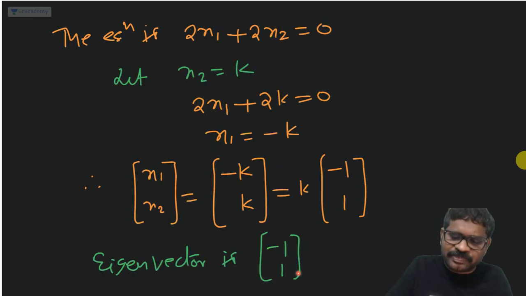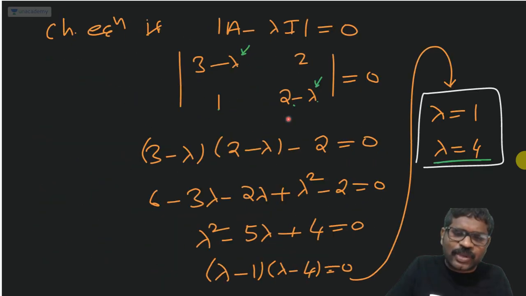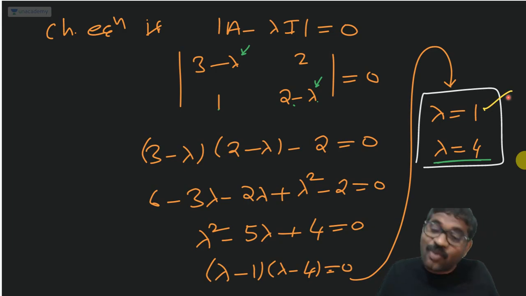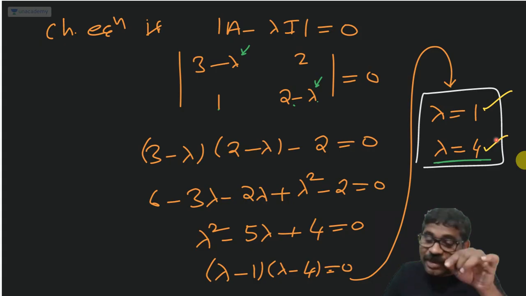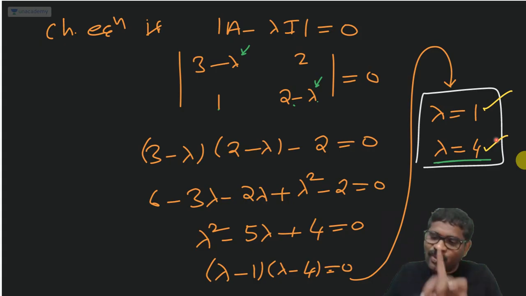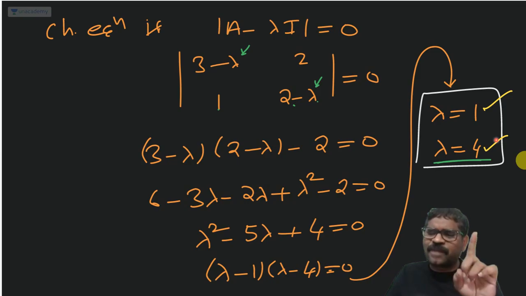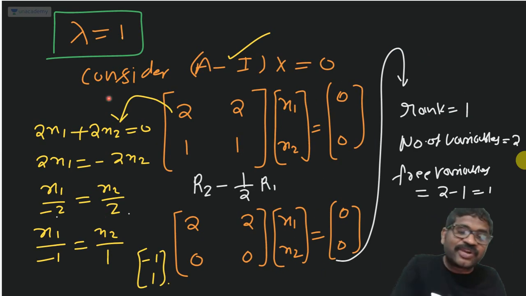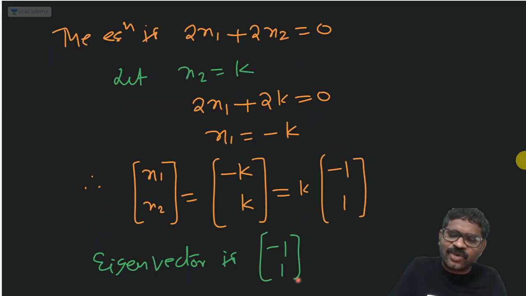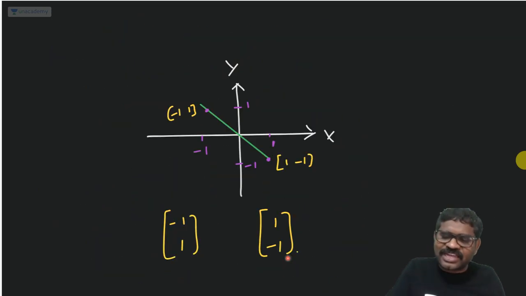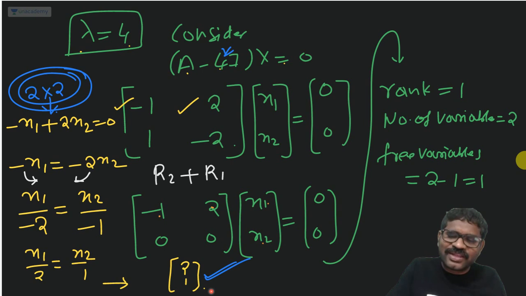In the case of distinct eigenvalues, observe here. In this problem, you have two eigenvalues, 1 and 4. What is the algebraic multiplicity of eigenvalue 1? 1. The algebraic multiplicity of eigenvalue 4? 1. Because both are different eigenvalues, each appears only once. Corresponding to lambda equal to 1, there is only one eigenvector, and corresponding to lambda equal to 4 also only one eigenvector.